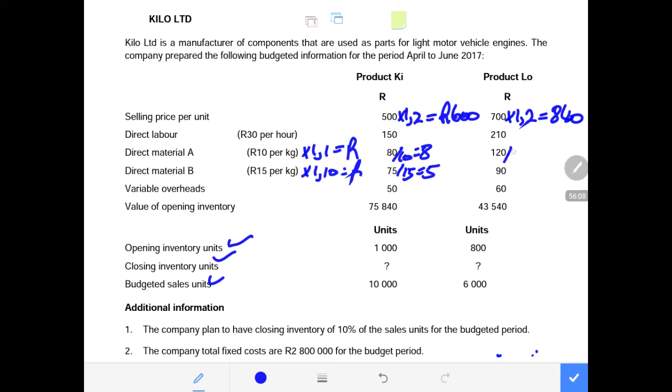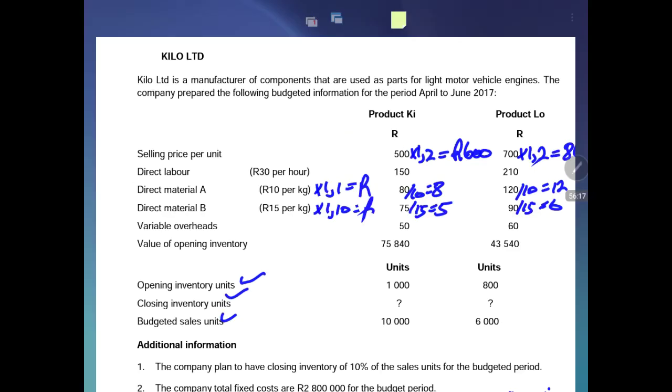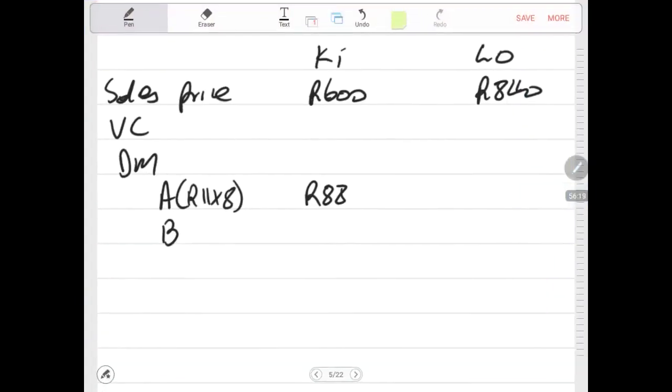Here we divided by 10, we got 12 kgs per unit. Divided here by 15, we got 6. Then we come to product LO.